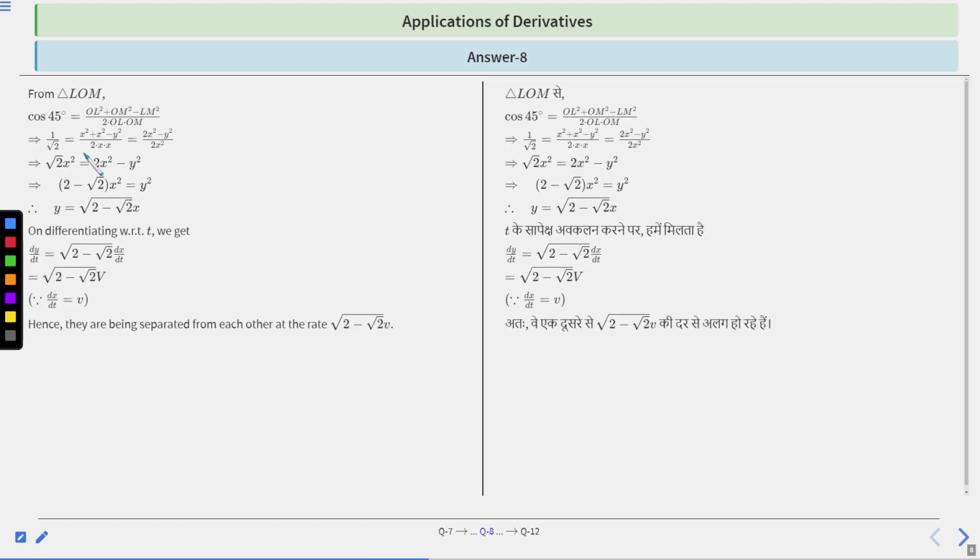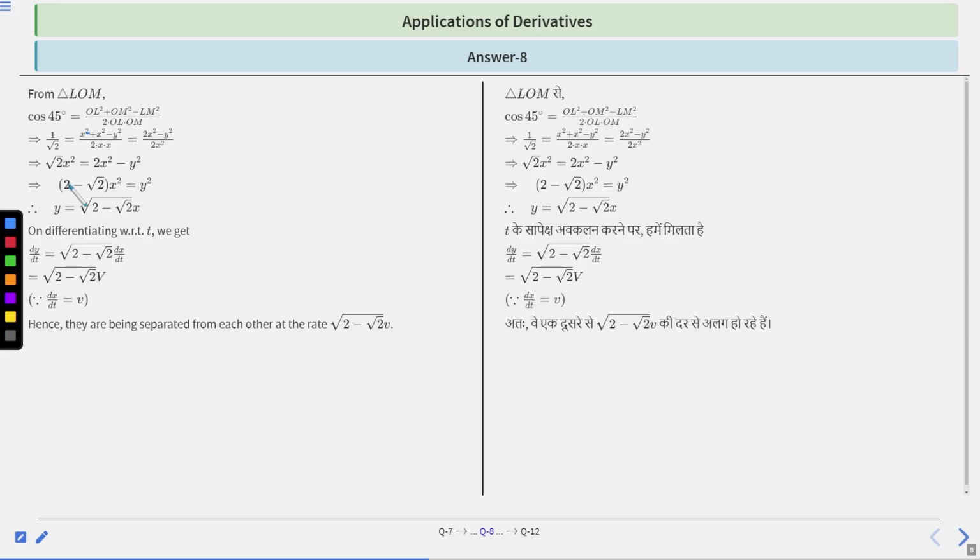Cos 45 is 1 by root 2, which is equal to x square plus x square minus y square upon 2x into x, as OL is x, OM is x, and LM is y. Therefore, 1 by root 2 is equal to 2x square minus y square upon 2x square.